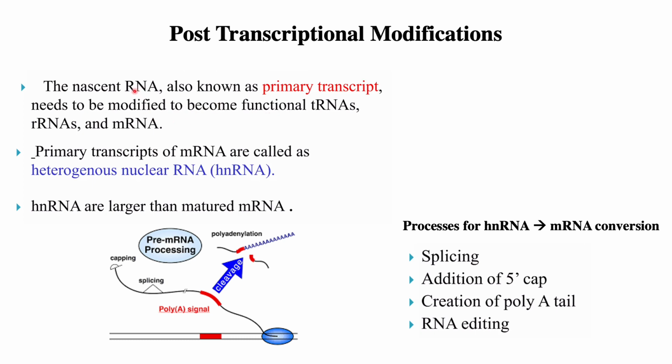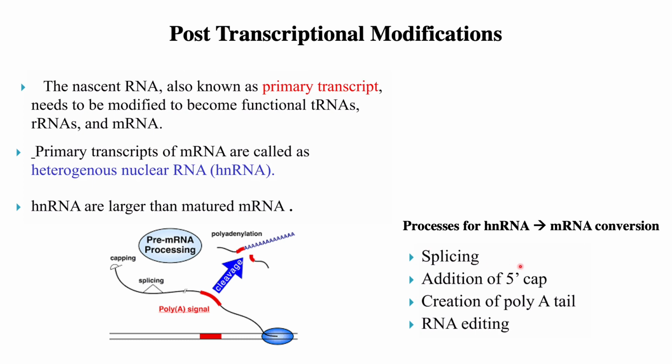Like we just saw, the nascent RNA, also known as the primary transcript, needs to be modified to become functional. The primary transcripts of mRNA are also called heterogeneous nuclear RNA, that is hnRNA, and these hnRNA are larger than mature RNA.